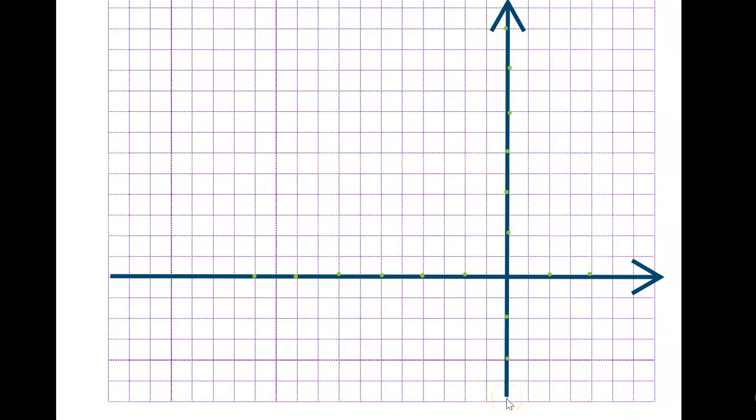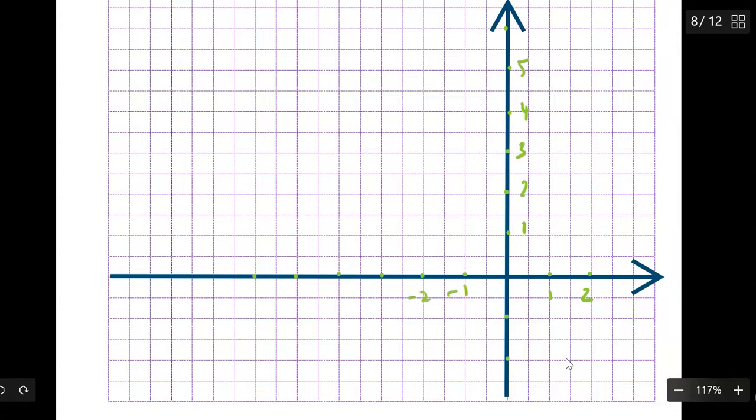Okay, but I don't need to really worry about this. Okay, the reason is I kind of planned ahead for the 3 points that I'm going to find on the graph. Okay, so let's label this. So this is 1, 2, 1, 2, 3, 4, 5, -1, -2, -3, -4, -5, -6.